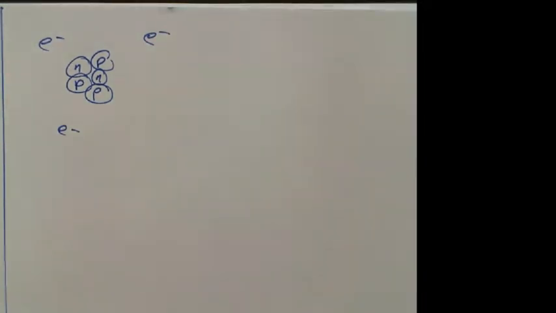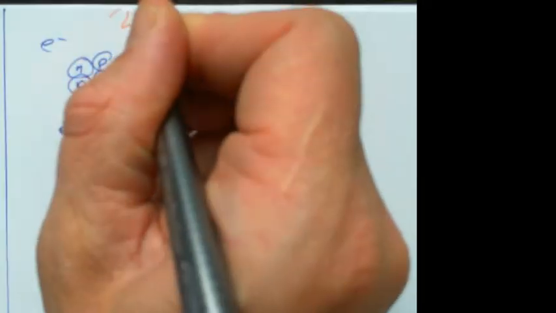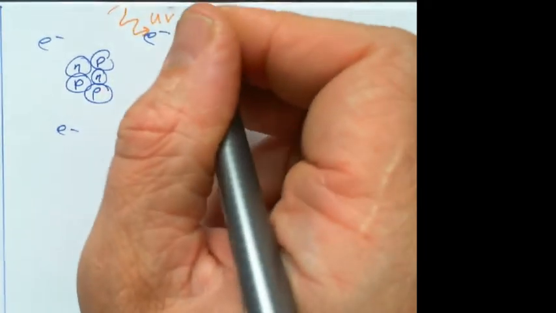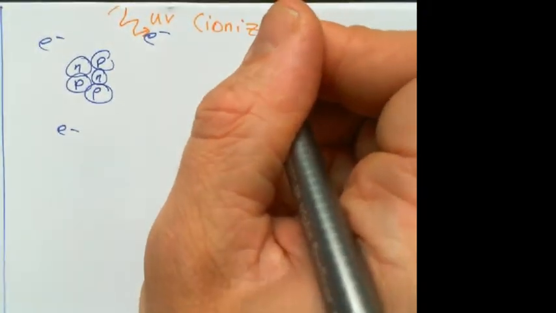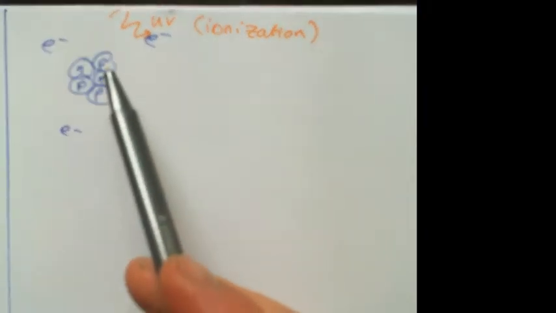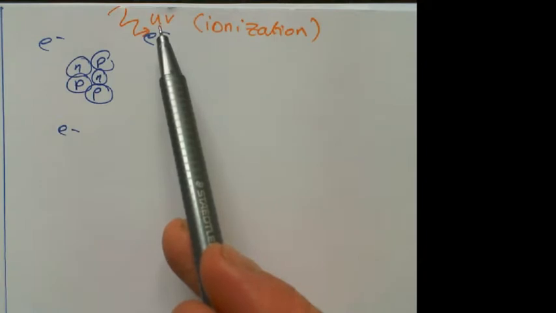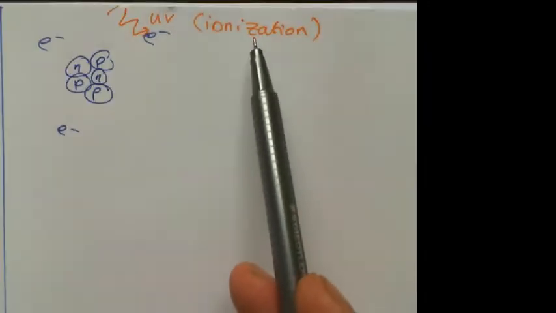And then let's say that some ionizing radiation comes in, something like UV, so anything that's ionizing. When we talk about the EM spectrum, we'll cover the fact that anything with a wavelength shorter than visible light can ionize.